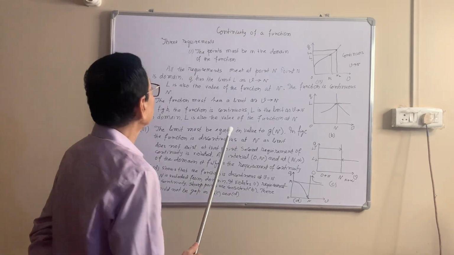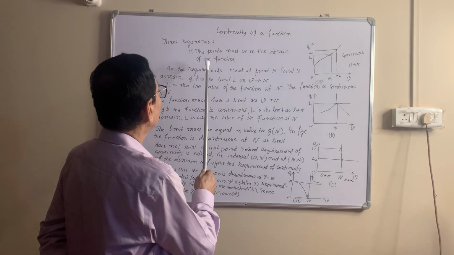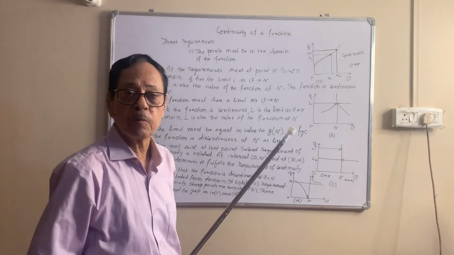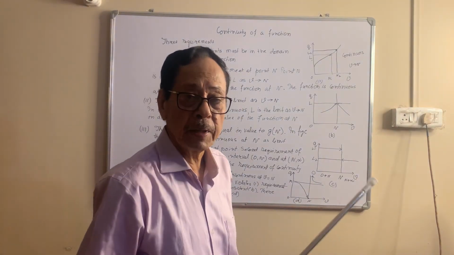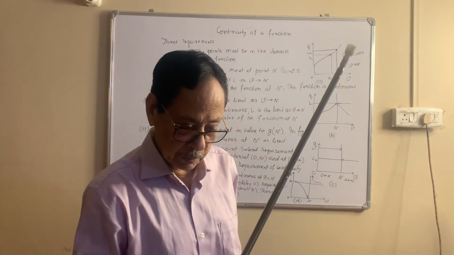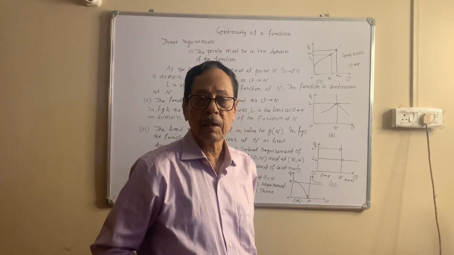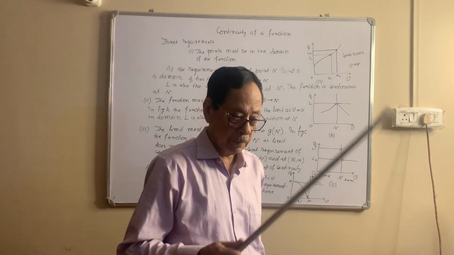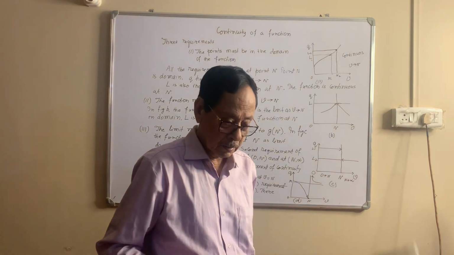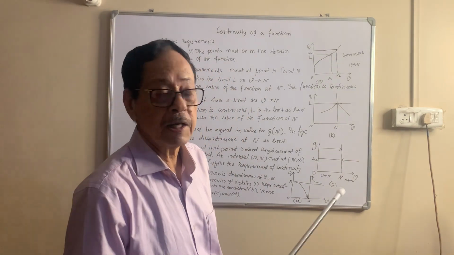Three requirements. Number one, the points must be in the domain of the function. So we must always remember domain and range. We discussed earlier that the domain holds all the input or variable factors on the right side, and the range on the left side.